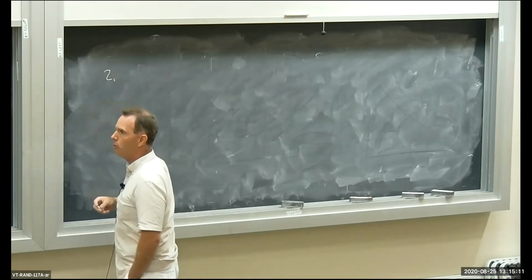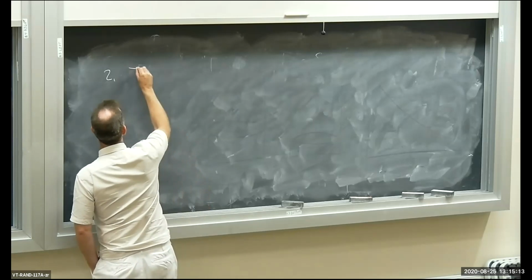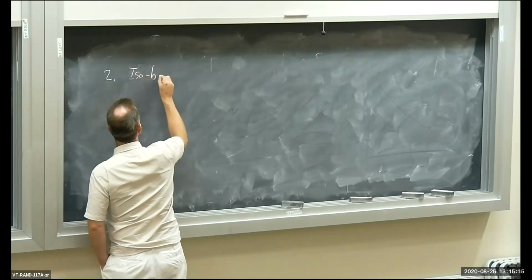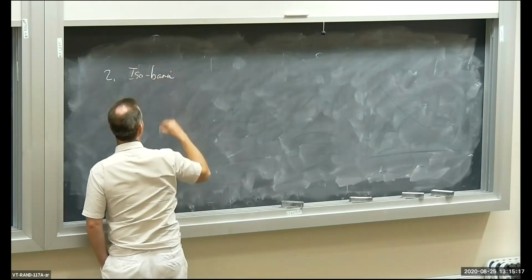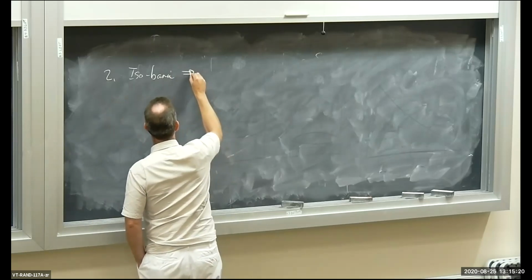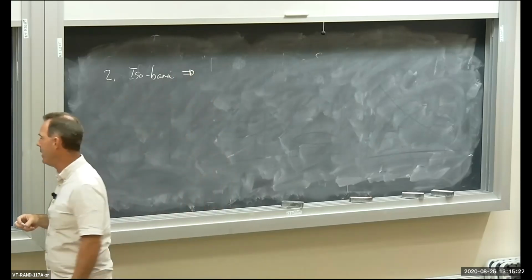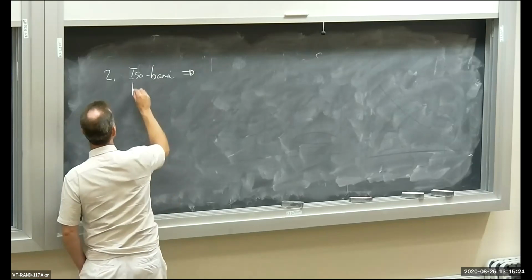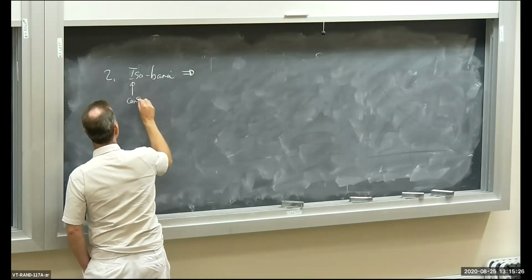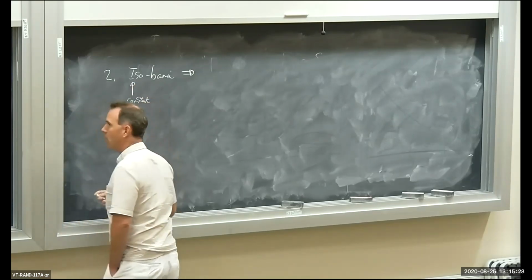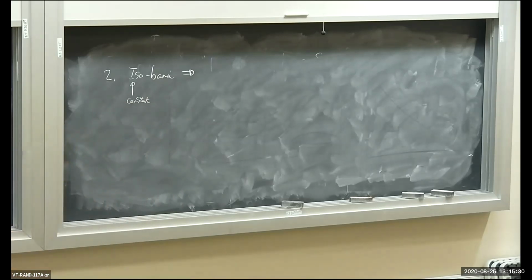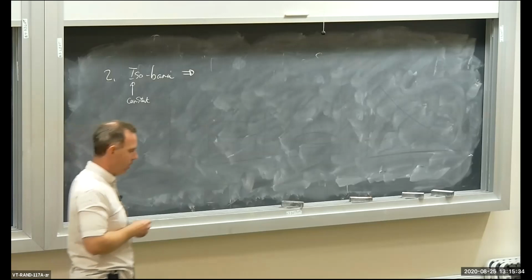So number 2, we have isobaric, or isobaric. Okay? And again, iso means constant. So what quantity has a unit of a bar?